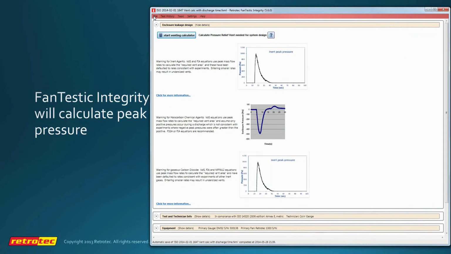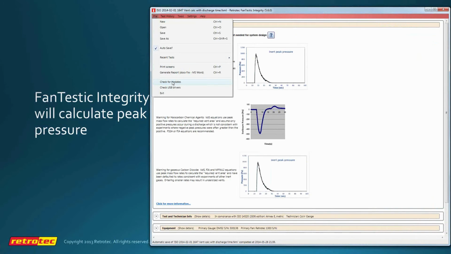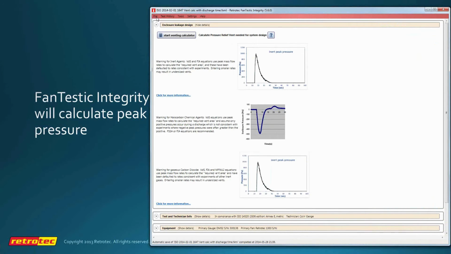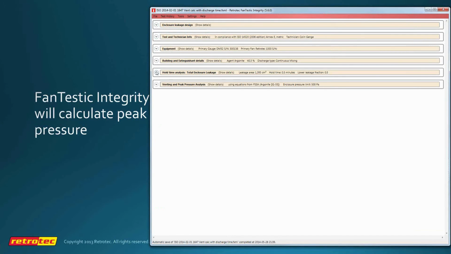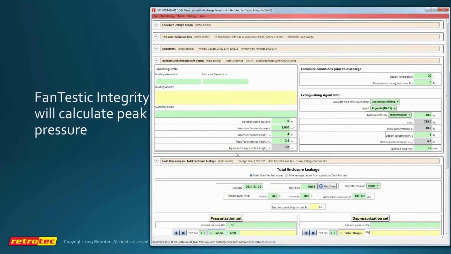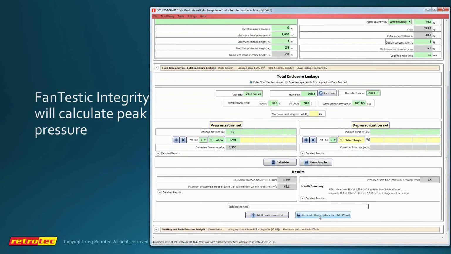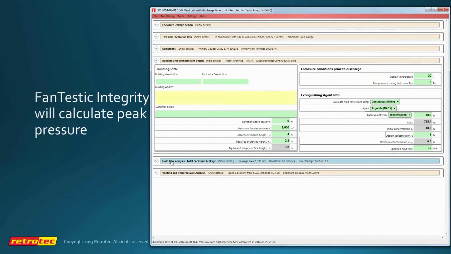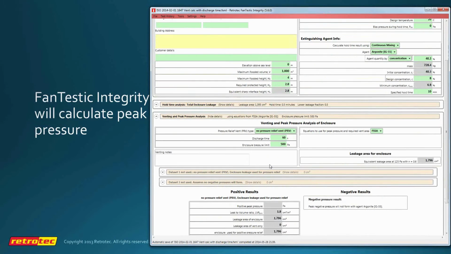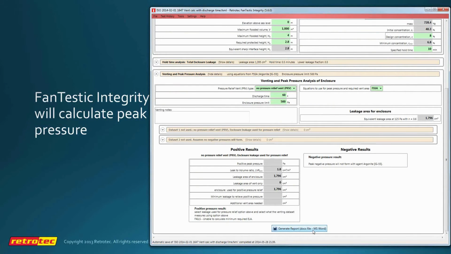You can either go to File, Generate Report, or when you're on that screen and you're doing the hold time analysis, there's a little button down here that says Generate Report. And we do the same thing under venting. I think there's another button down here that says Generate Report. So a number of places to locate the report button.